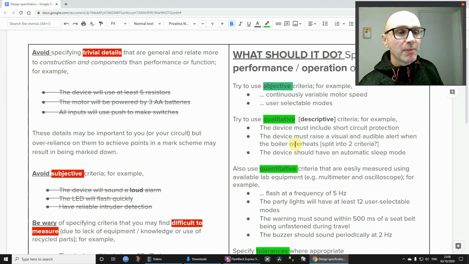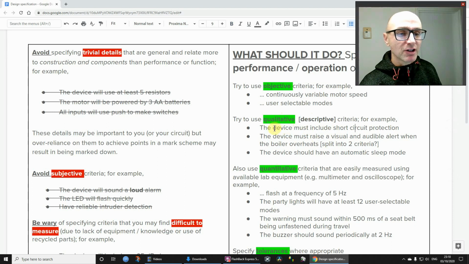If you look at the mark scheme, both for the A-level and the GCSE, you are asked to use qualitative and quantitative criteria. Now, the qualitative ones are descriptive criteria, and sometimes this causes a problem for people, but actually they're not that difficult. So long as it's not measurable and describes the function or the operational performance, you should be all right.